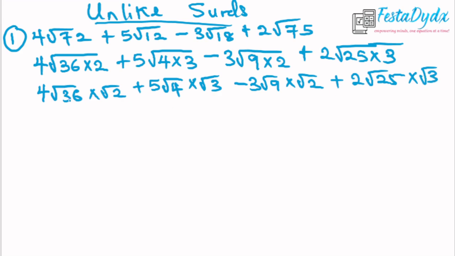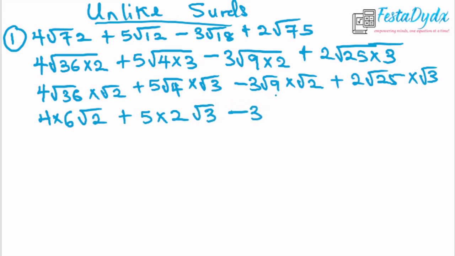Now let's look for the square root of the perfect square. 4 times the square root of 36 gives us 6. Then we'll have our root 2 plus 5 times the square root of 4 gives us 2. Then we'll have our root 3 minus 3. The square root of 9 gives us 3. Then we'll have our root 2 plus 2.